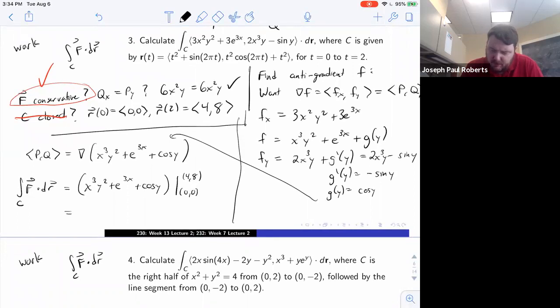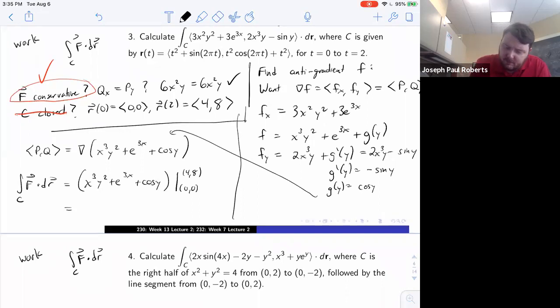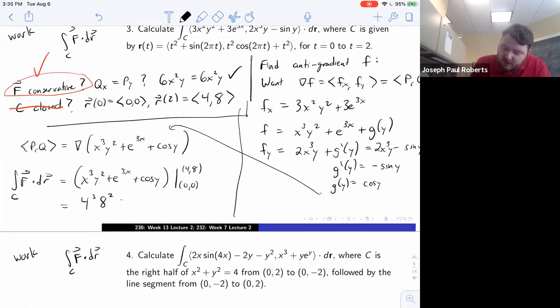What is that going to be? 4 cubed, 8 squared, so that's 64 squared. Yeah, this is a pretty big number. I'm probably not planning on making a deal with something like this, but whatever that ends up being: 4 cubed times 8 squared, plus e to the 12th, plus cosine of 8, and then be careful, minus 2, because e to the 0 and cosine of 0 are both 1.